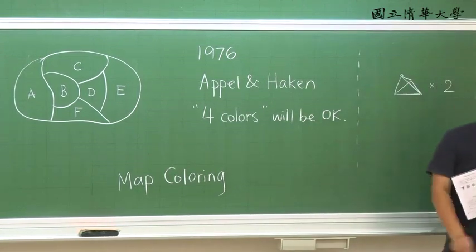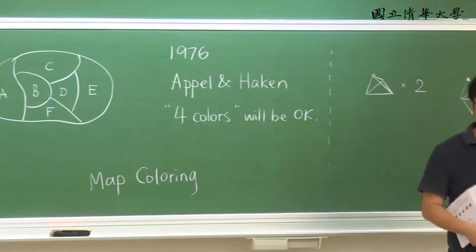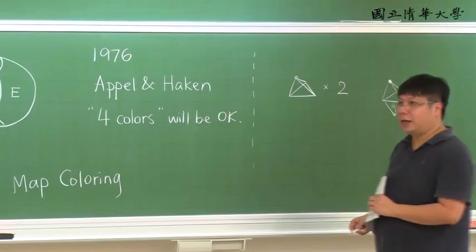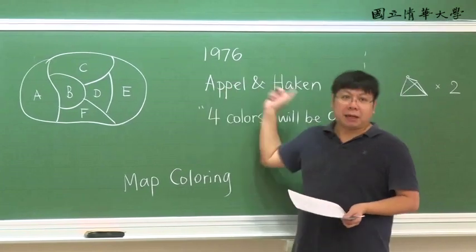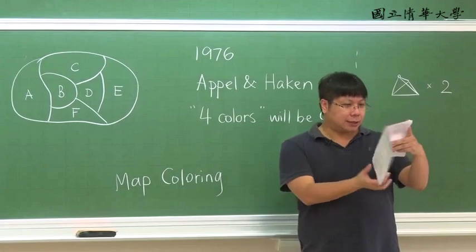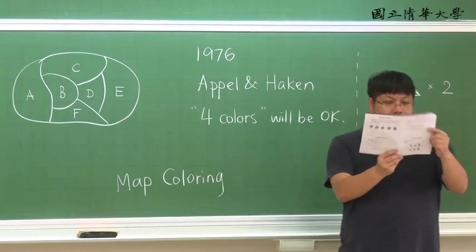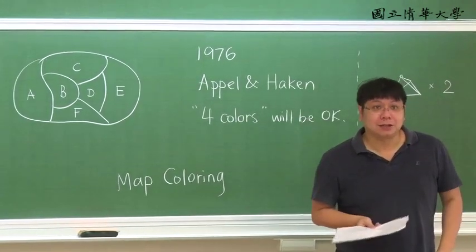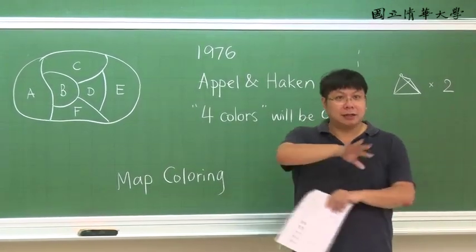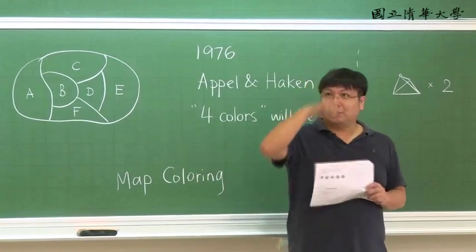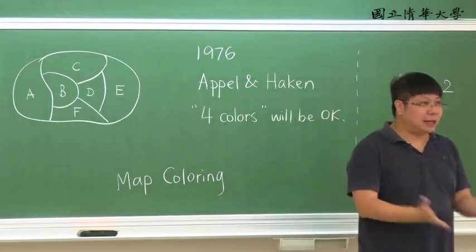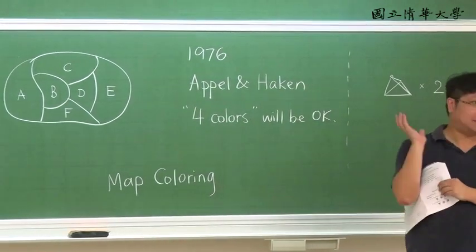But this proof that 4 colors will be okay needs to use computers. It is because these 2 mathematicians have shown that all the possible maps are one of 1,955 cases. They imagined all the possible situations, so there are so many cases that a map can look like.